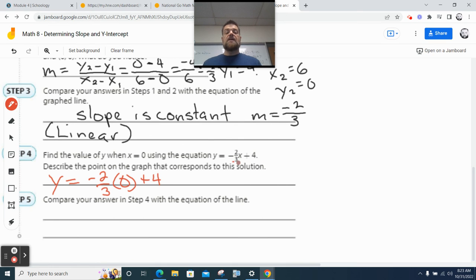So what I'm doing is taking this equation, and since they're saying x equals 0, I'm plugging 0 in for x. What's 2/3 times 0? 0. What's 0 plus 4? 4. That's the y-intercept, isn't it?